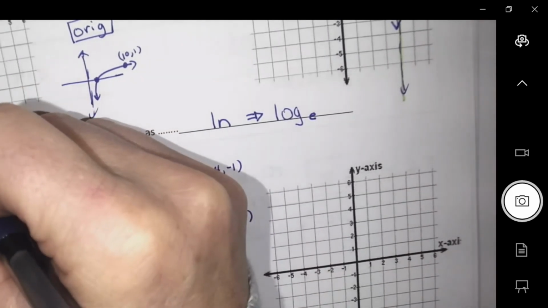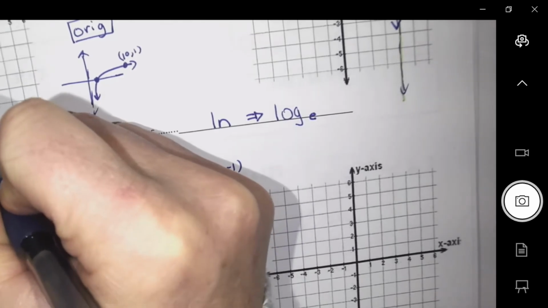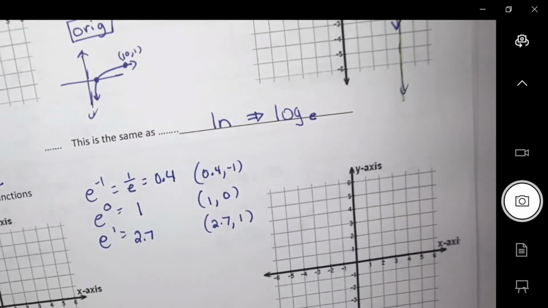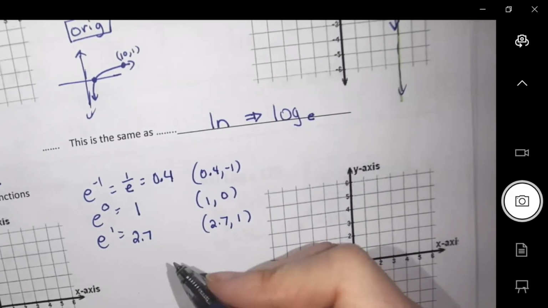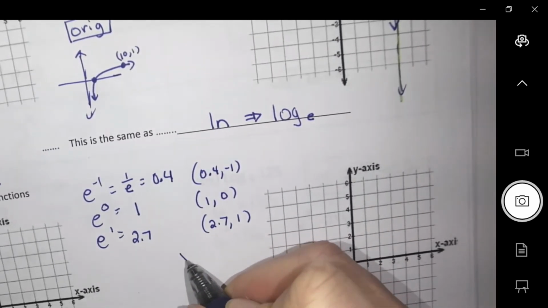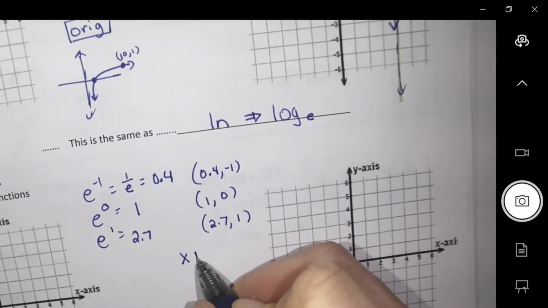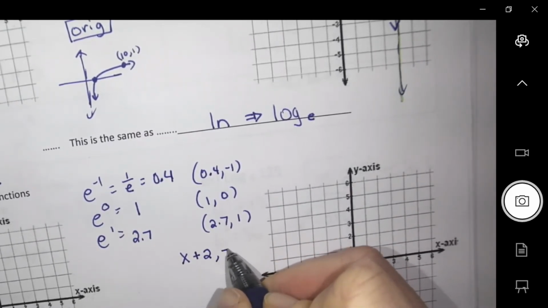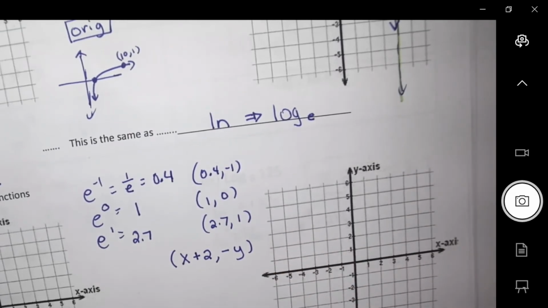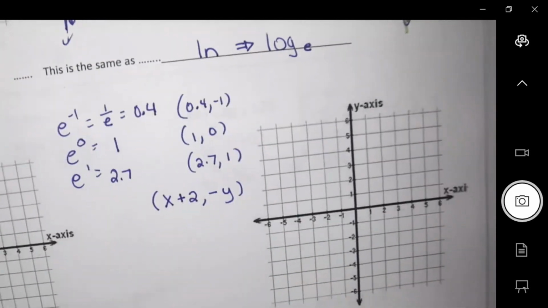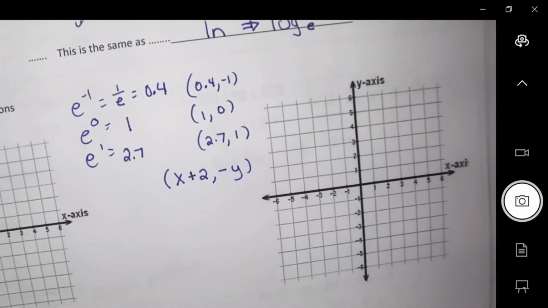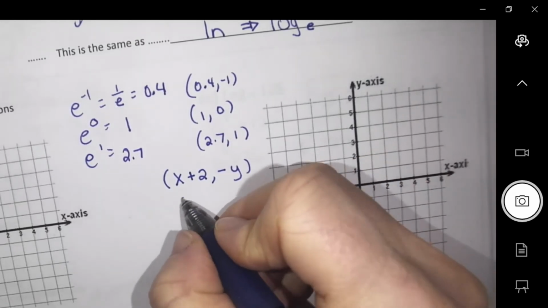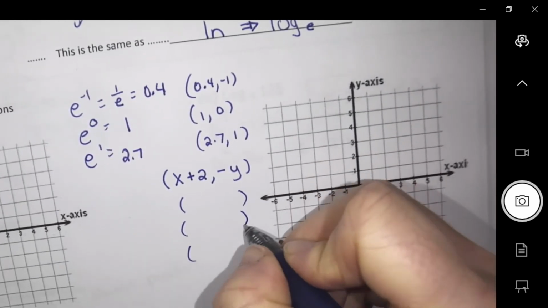And we have an A and a C. So I'm going to do x plus 2, comma negative y. So the coordinates will change.